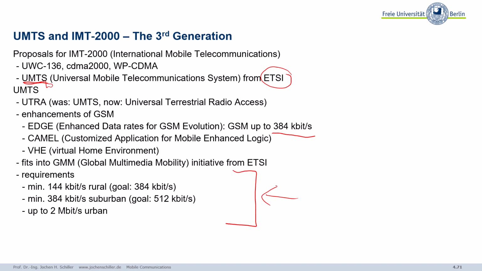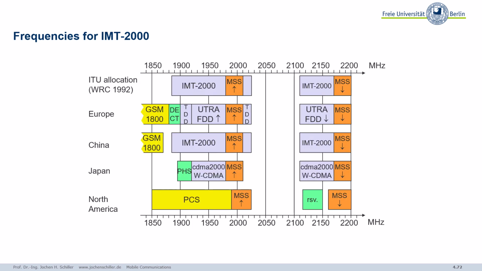So, what did the ITU do? The ITU set some goals, some requirements, but the ITU also came up with certain frequencies. So, 1992, there was a World Radio Conference, and the ITU allocated a certain part of the spectrum for the IMT 2000, the International Mobile Telecommunications in the year 2000, around 2000 megahertz.